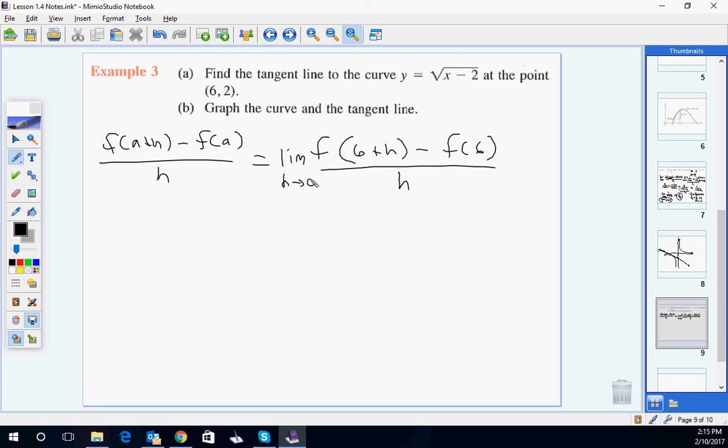Okay. So if we plug 6 plus h into x, you're going to get a 6 minus 2 in there. Okay, so that's going to be 4. So it's going to be essentially h plus 4 in there. Minus.